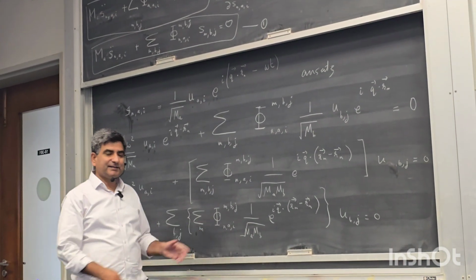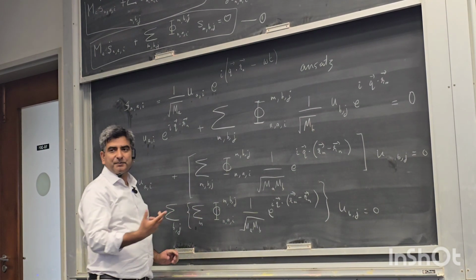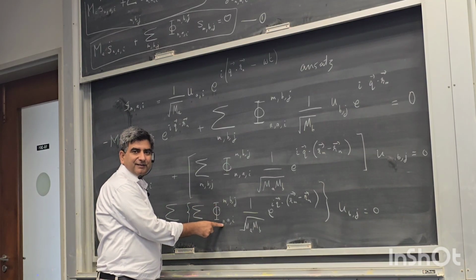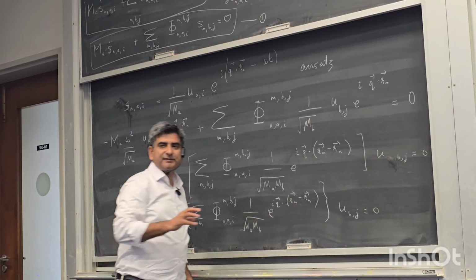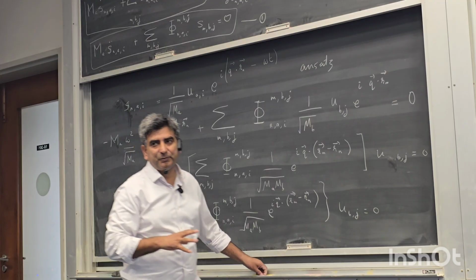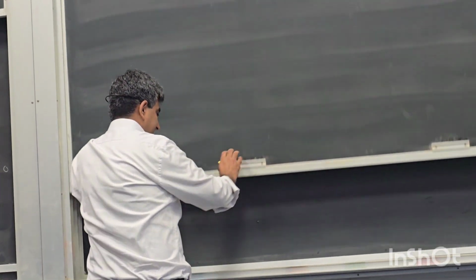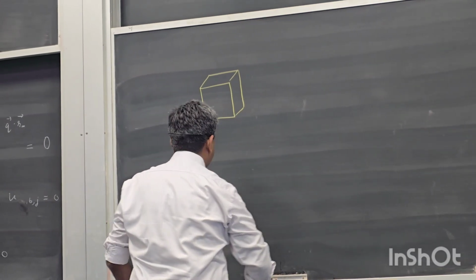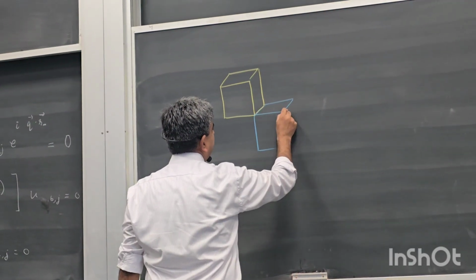Now since this does not depend, so what is this term? This term is the interaction between two atoms in two unit cells, one with index M and N. Right. So Rm minus Rn is the difference in the translation vectors between these unit cells. So I could have two unit cells inside the system, my crystal, right?